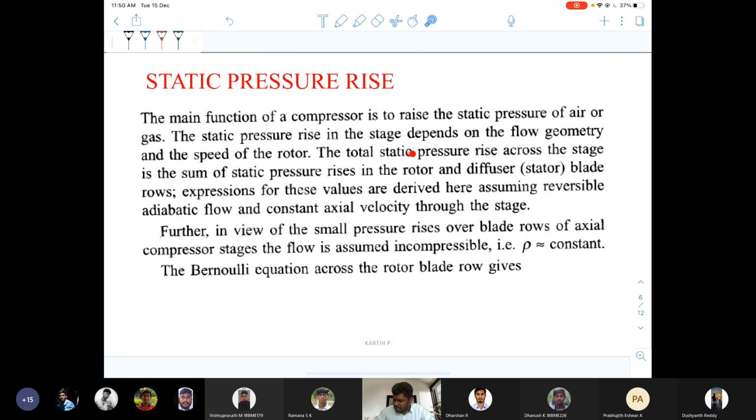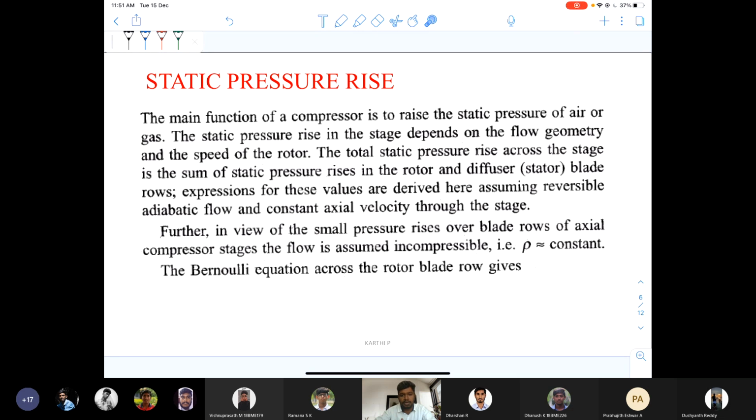The total static pressure rise across the stage is the sum of the static pressure rise in the rotor and the diffuser.